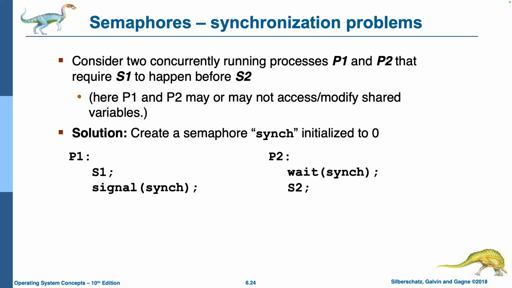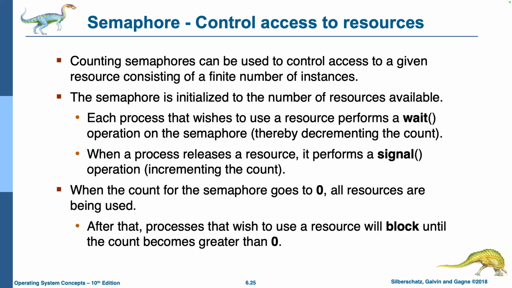If P3 is in the quiz, S3 wants to happen after S2, so S2 here must signal the other semaphore, the same way. Here, signal another semaphore, and P3 gets the semaphore. Okay, got it?